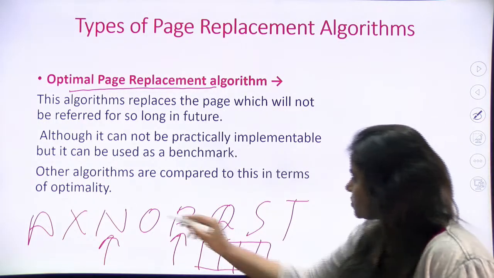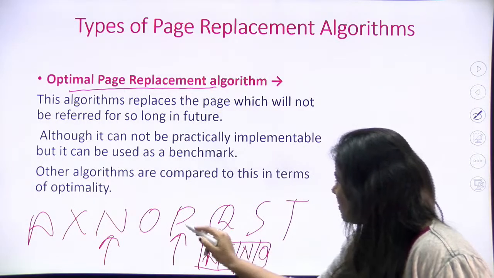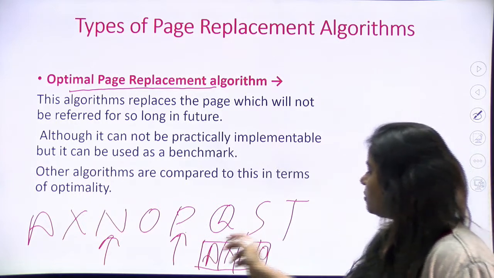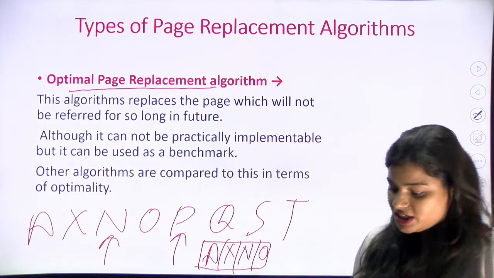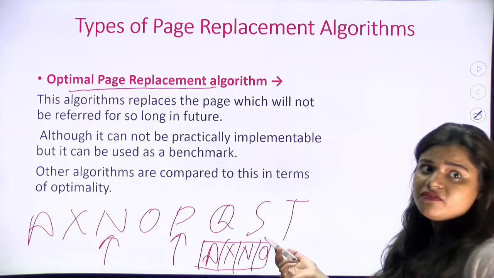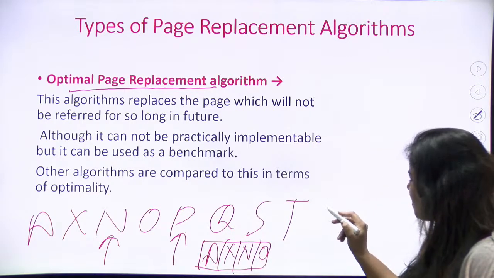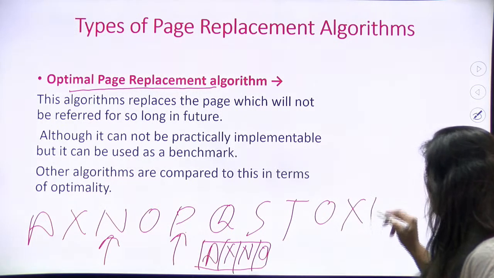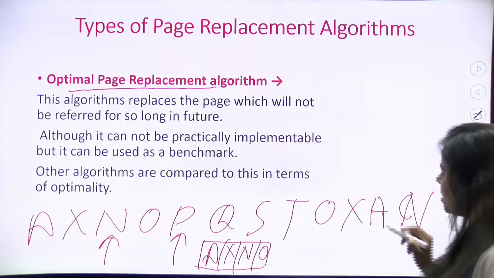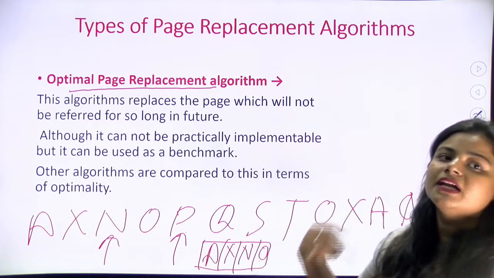Let's suppose right now I have A, X, N, O and I have a request for P, and I have to replace one page from inside the main memory. In such a situation, which page will I replace? I will see among A, X, N and O which page is coming at last.